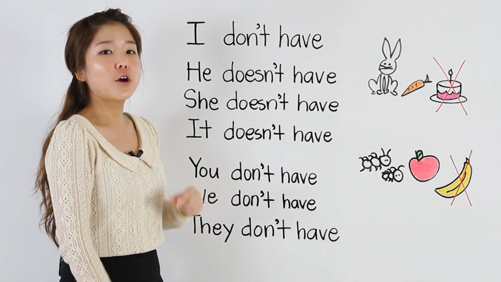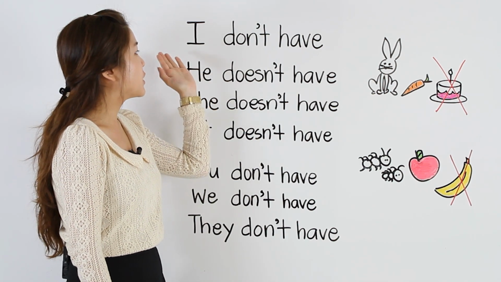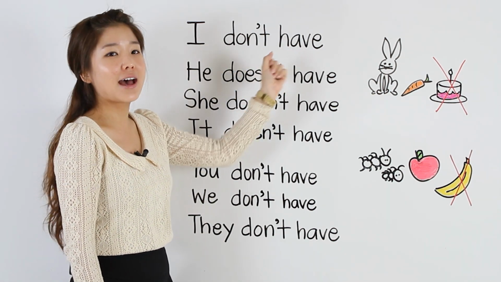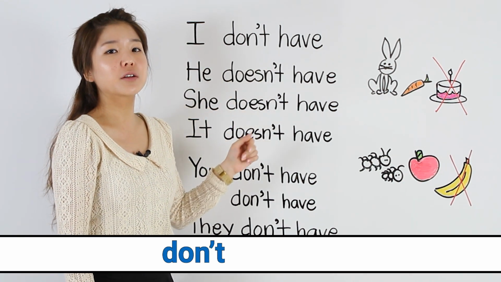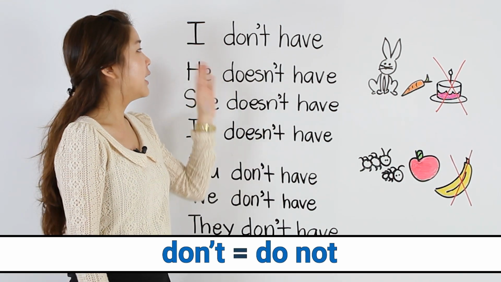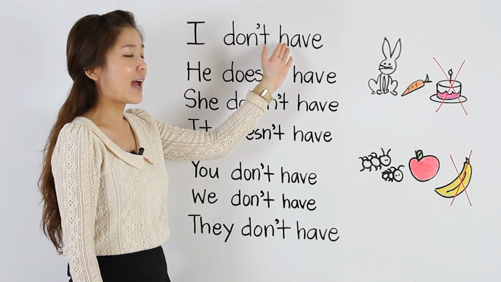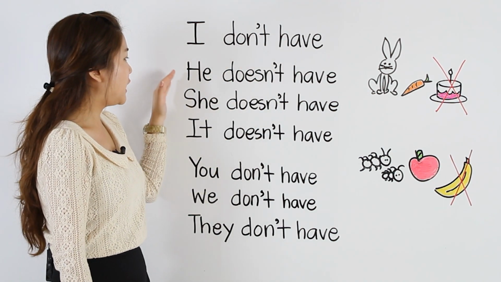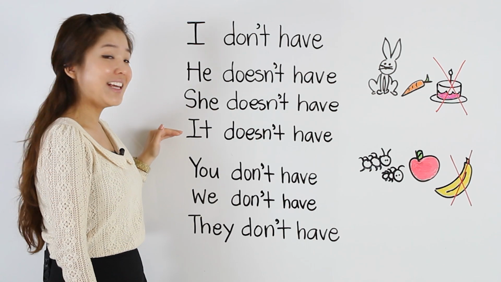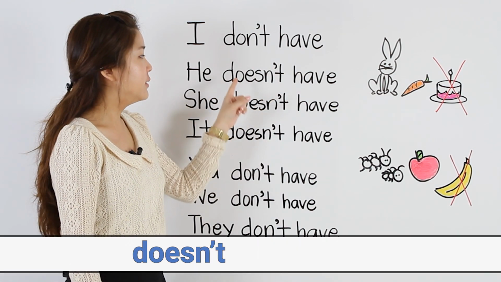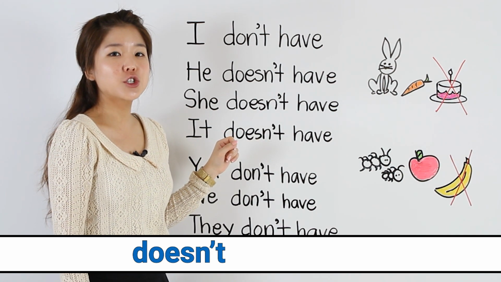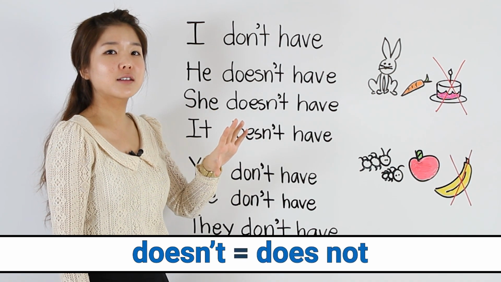Okay, first, for I, we use I don't have. Remember, don't is a contraction for do not. For he, she, and it, we use doesn't have. Doesn't is a contraction for does not.